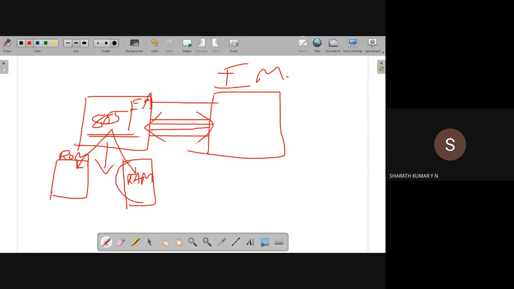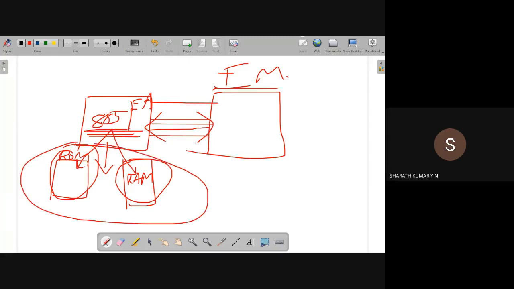Whenever these memory locations are not sufficient, external memory is interfaced to the microcontroller, and then the external memory has to be enabled, because by default the 8051 will access only internal memory. It will not access external memory. To access external memory, this control signal is used. This signal indicates that it is going to access the external memory.